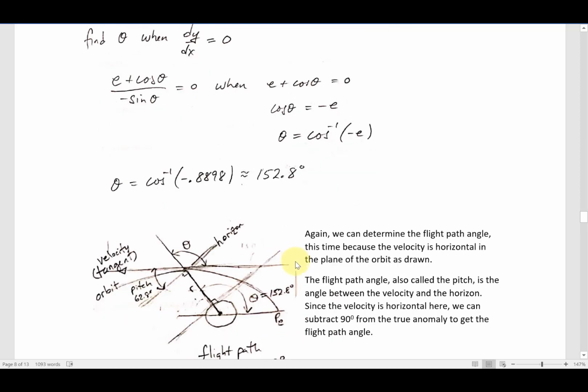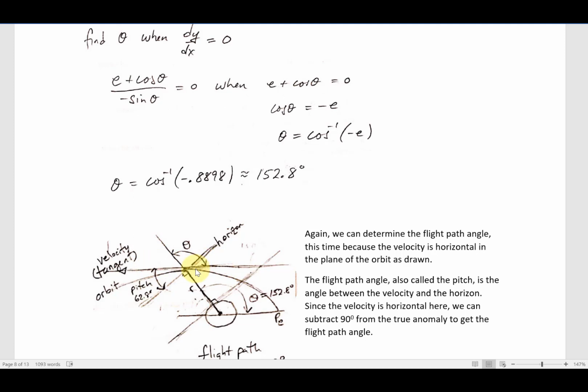I will look for a horizontal flight path, the velocity vector in the xy plane horizontal, around that angle. Right about this point, when theta is 152.8, the velocity vector is horizontal in the xy plane.